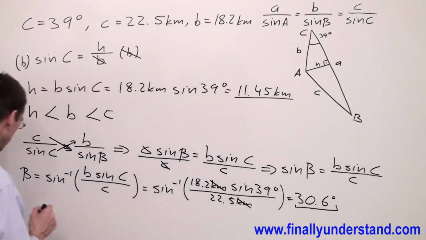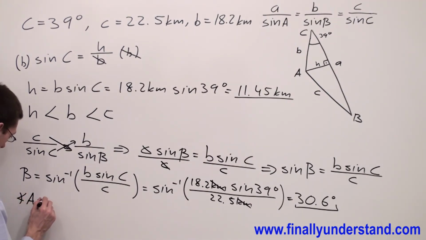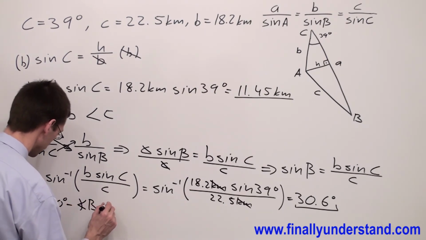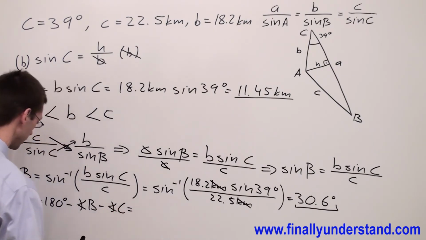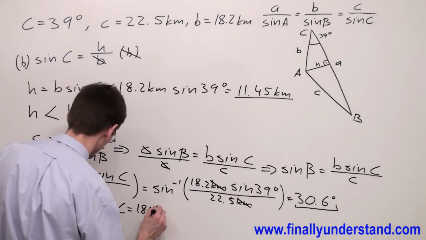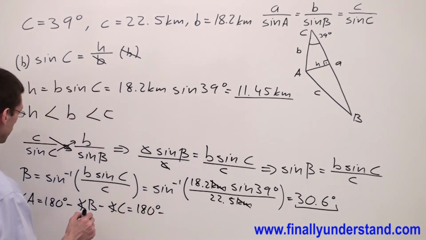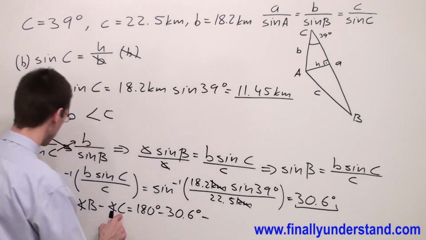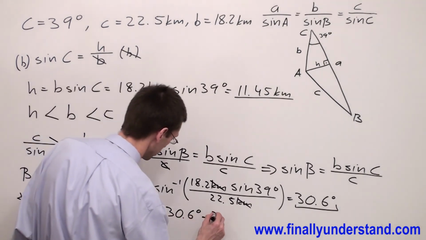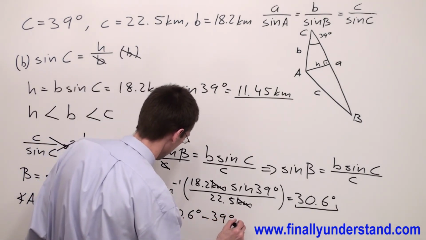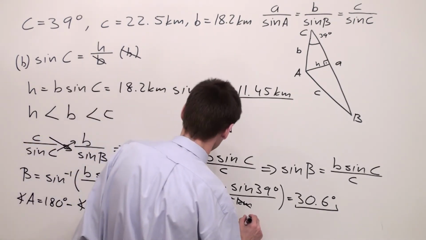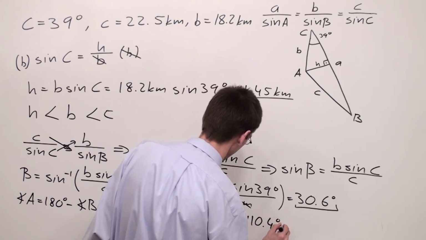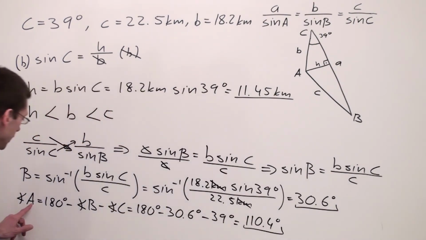So angle A is equal to 180 degrees minus angle B and minus angle C, which is equal to 180 degrees minus the angle B we found, 30.6 degrees, minus angle C, which is given, 39 degrees, and this is equal to 110.4 degrees. This is my angle A.